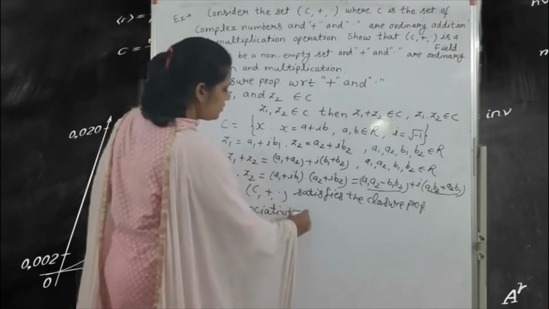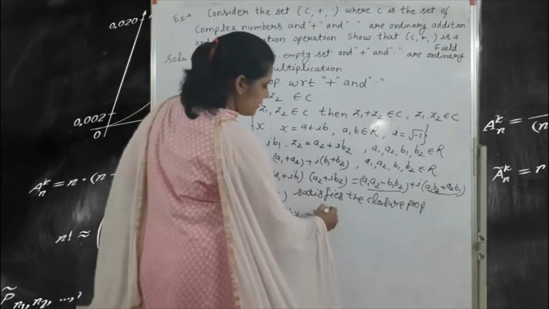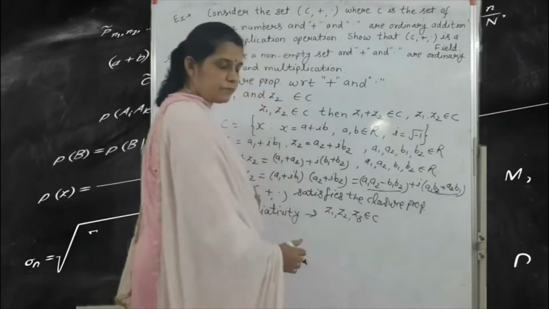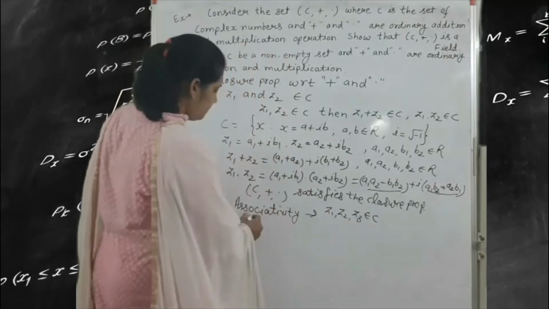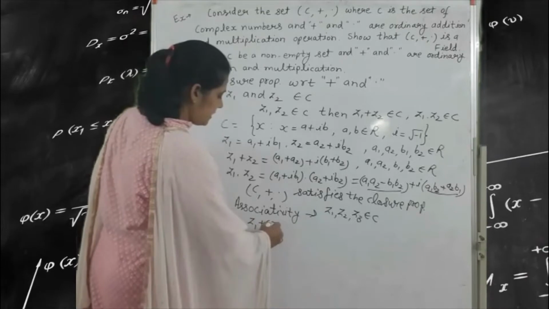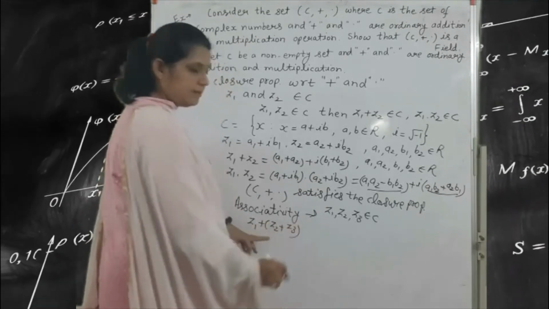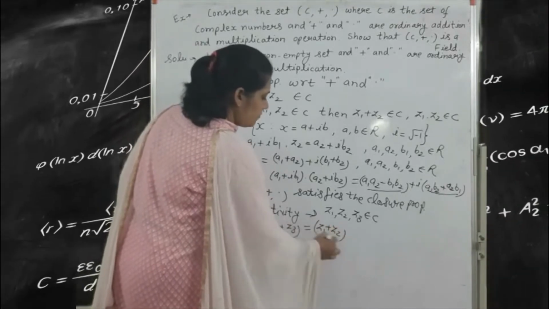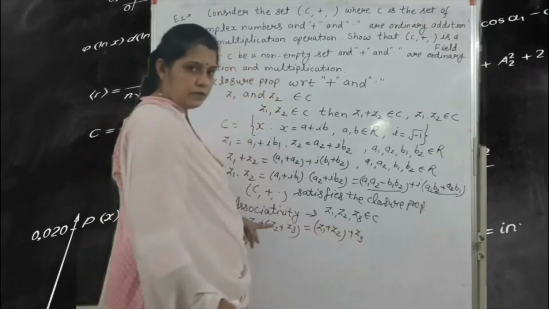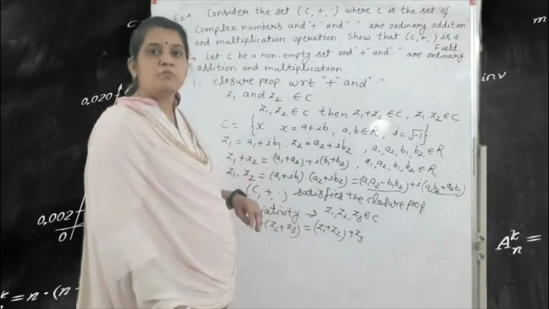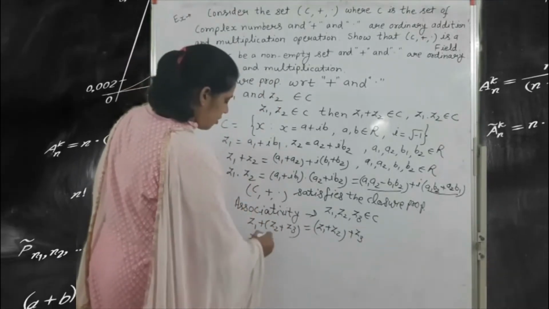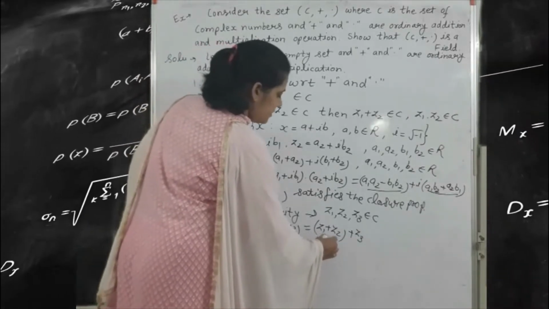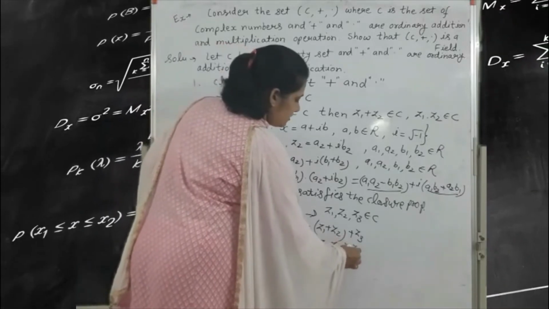Associativity. So what do you mean by the associativity? That is, Z1, Z2, Z3 belong to C. With respect to addition, (Z1 + Z2) + Z3 is equal to Z1 + (Z2 + Z3). And the second one is with respect to multiplication: (Z1 · Z2) · Z3 is equal to Z1 · (Z2 · Z3).